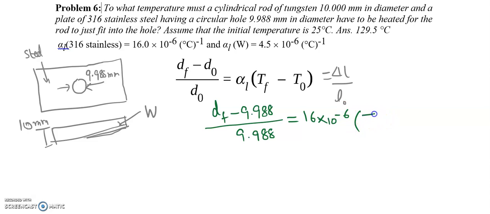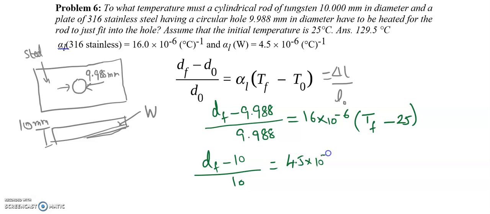So what temperature we need to heat it to, this we need to find. So this is one equation. And the other equation, for tungsten, is (DF minus 10) divided by 10 is equal to 4.5 into 10 to the power minus 6 into (TF minus 25).